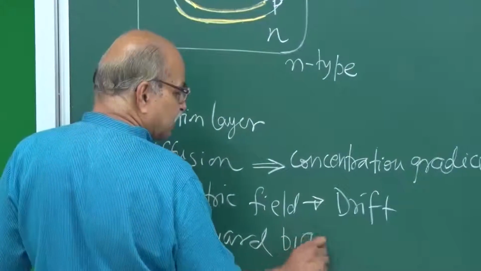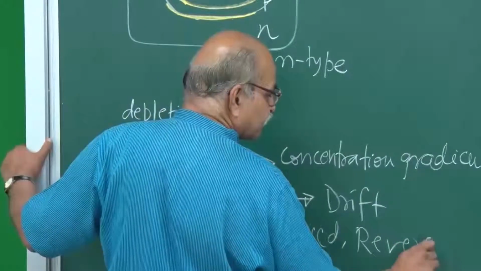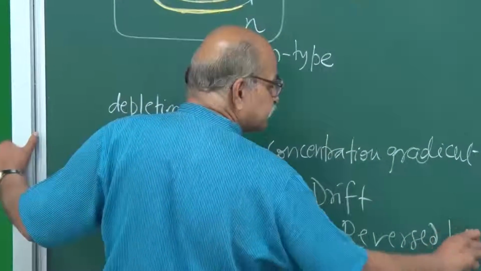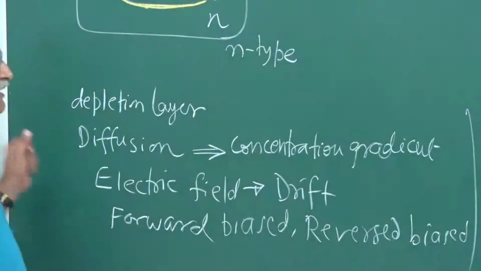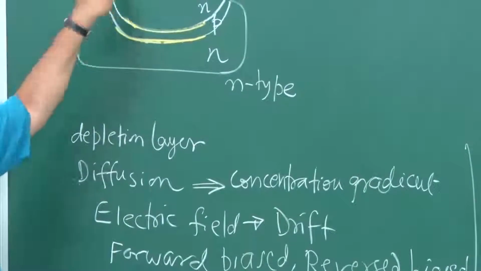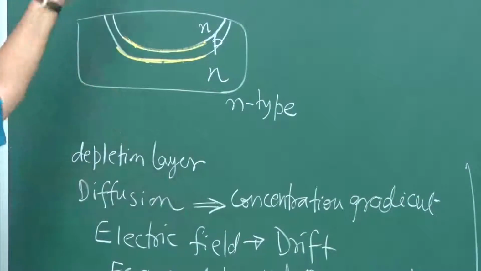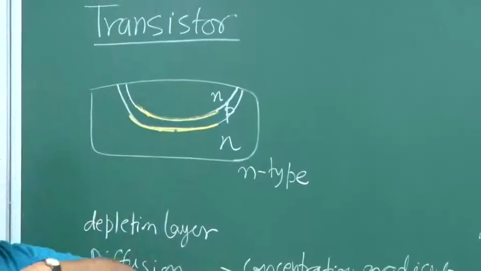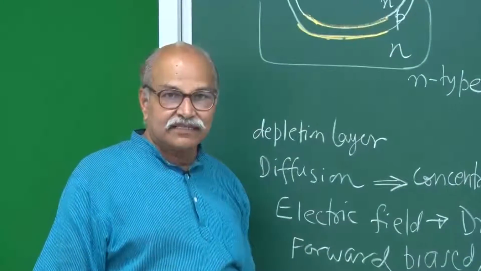So all that PN junction characteristics that we have studied will be here and will be here. And this combination becomes so important. It gives rise to a transistor, and a transistor can do many more applications than a single PN junction.